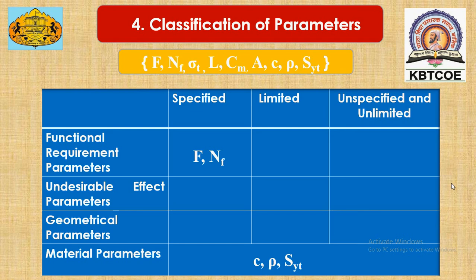Now after that, you have to write down the undesirable effect parameters. See, sigma T is a limited and undesirable effect parameter, and CM is unspecified and unlimited.